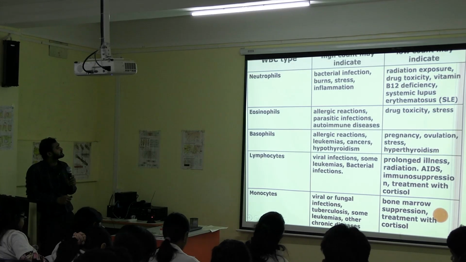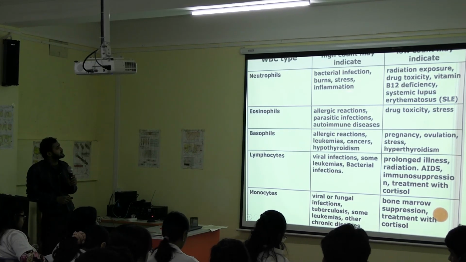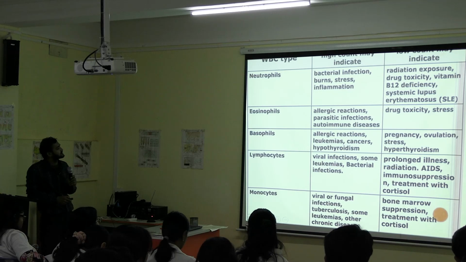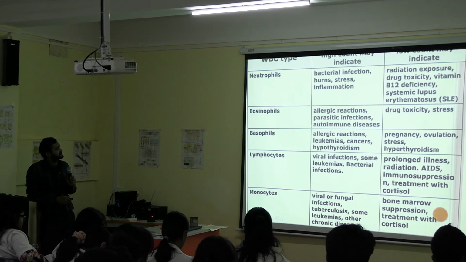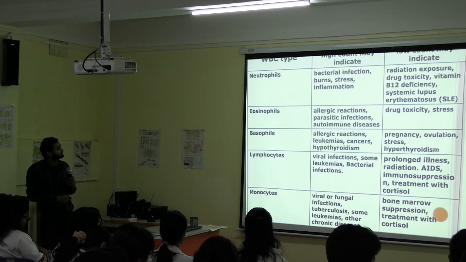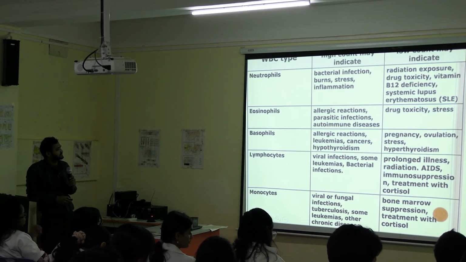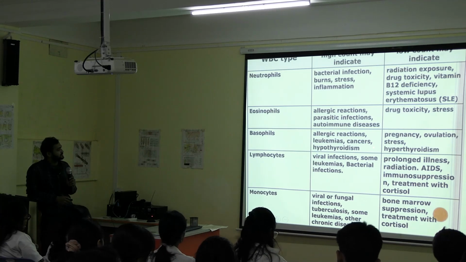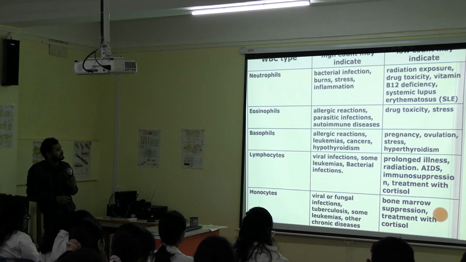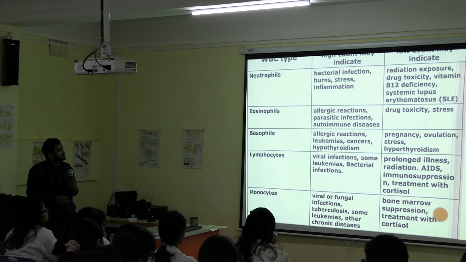In case of neutrophils, these are the conditions when it is increased, and these are the conditions when it is decreased. In eosinophil: allergic reaction, parasitic infection, autoimmune disease, drug toxicity, stress. For basophils: same allergic, then leukemias, some cancers, hypothyroidism, and it decreases in pregnancy, ovulation, stress.